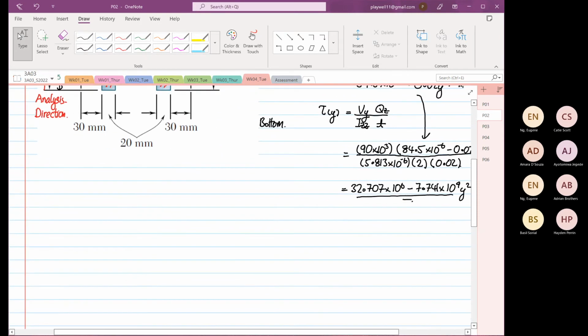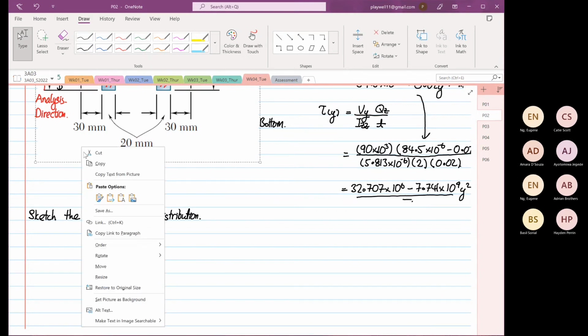So now what we are going to do is sketch the shear stress distribution. Okay, we would like to sketch the shear stress distribution. Again, use this diagram over here.